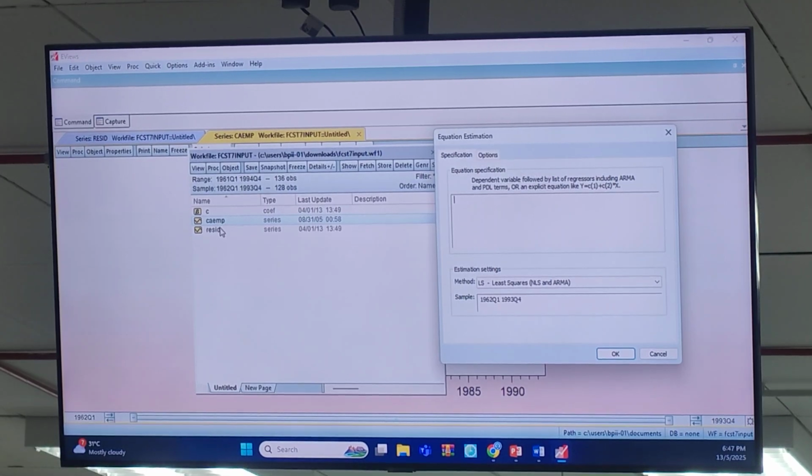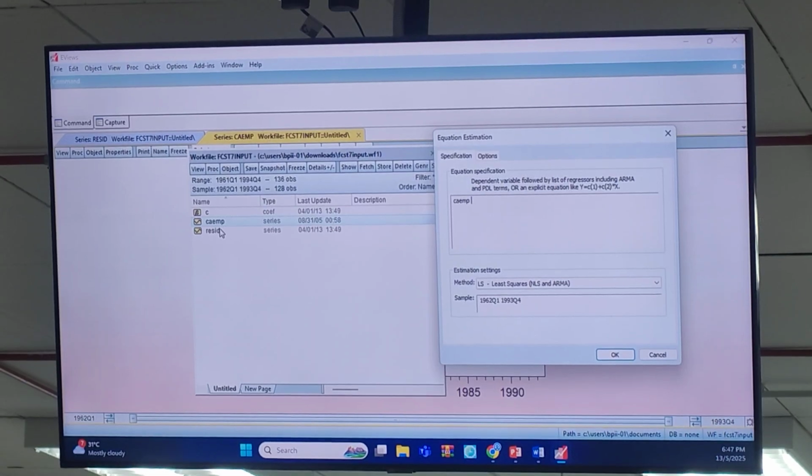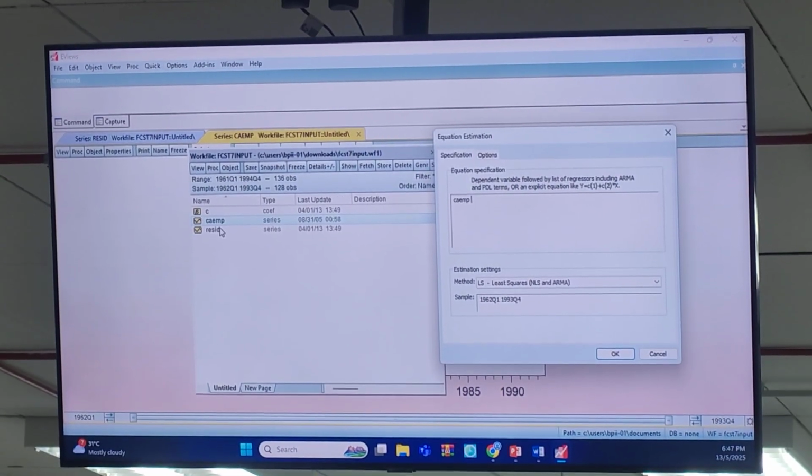The name of the variable depends on what name you use. Here we use CAEMP. Just now we decided whether to include C or not by looking at the graph, but if you're not sure, let's say the graph is not clear enough, you can just put it in and see whether it is significant or not. If it's not significant, you can remove it.